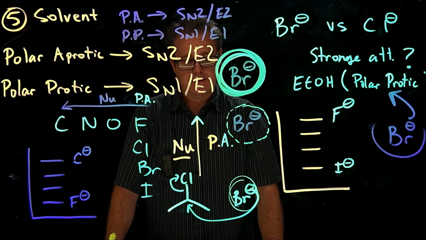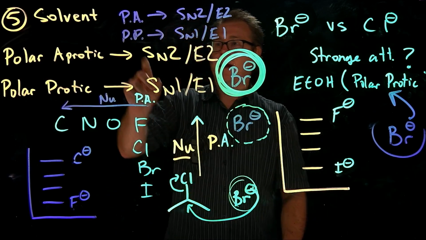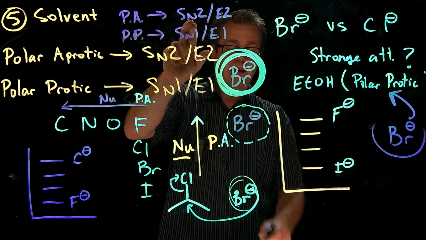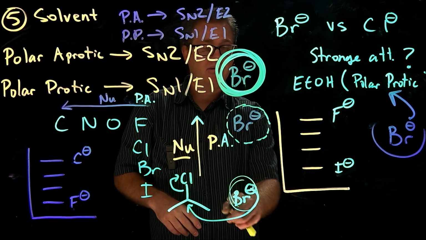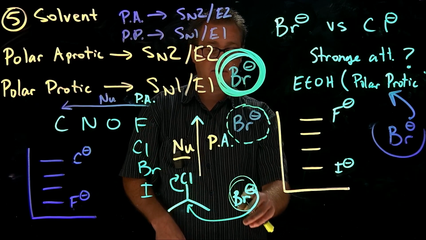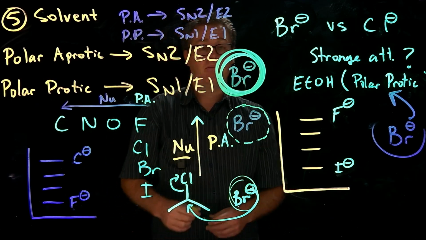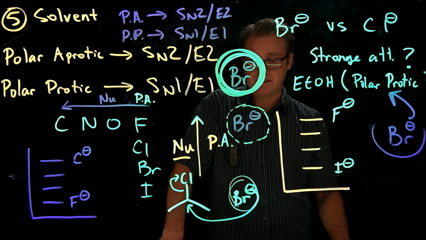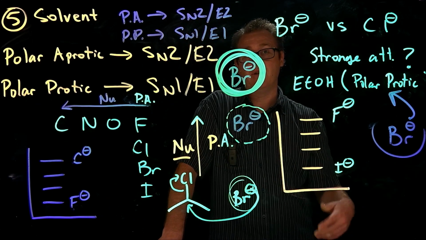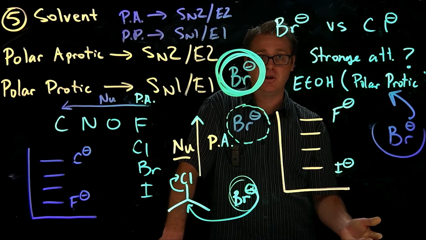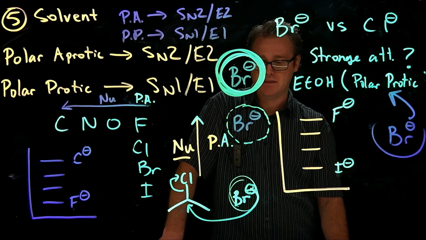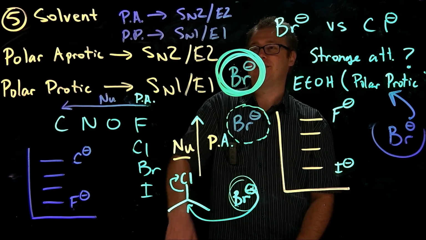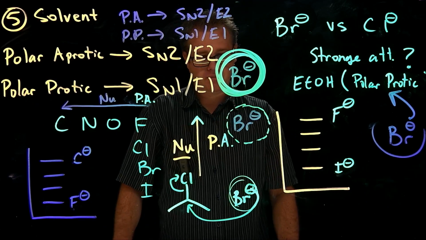So that's another reason why polar aprotic solvents are going to favor SN2, because there's going to be less solvent around the attacking species, which allows it to attack better. And we've already learned that the strength of the attacking species influences if it's going to be an SN2 or an SN1 type mechanism. Stronger attacking species promote SN2 and E2.